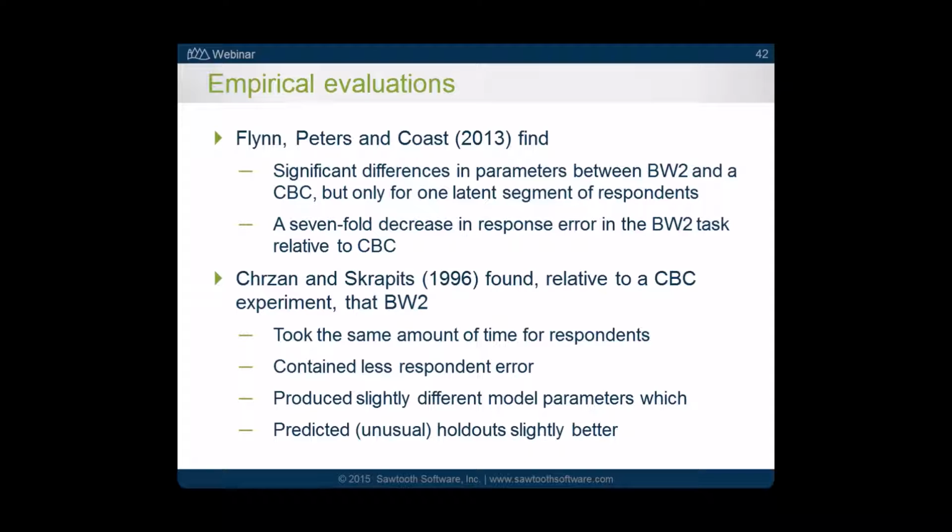With a colleague named Mike Scrappitz, I did some research back in '96 and found the same sort of thing. We found that the best worst case 2 scaling had less response error in it. It produced slightly different model parameters, but they predicted holdouts, albeit unusual holdouts, a little bit better. So it seems that it was worth updating this bit of research.